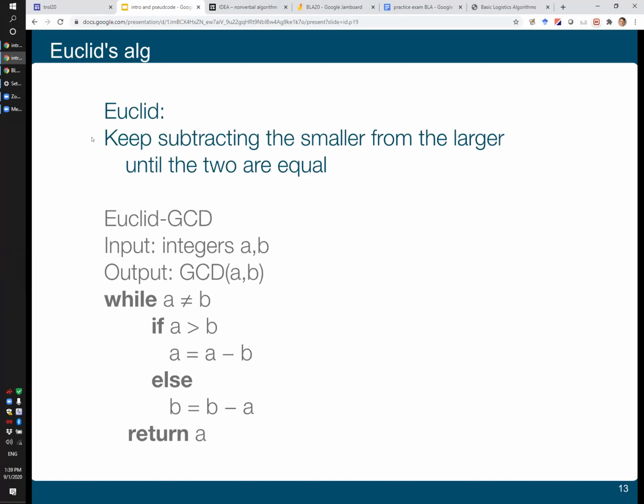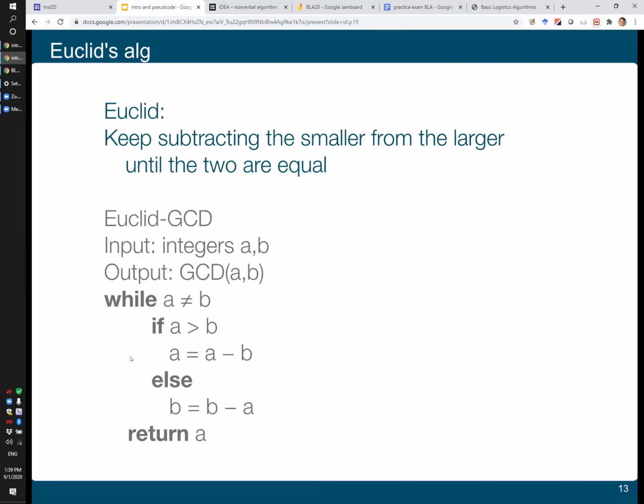Okay, so this description on top, which is more human readable or in plain English, may be easier for simple algorithms like Euclid's algorithm. But if you're going to do more complicated algorithms, and we will do more complicated algorithms than this in this course, well, then, if you hope that this is the most complicated algorithm you're going to see, sorry, that's the simplest one. For more complicated algorithms, writing the algorithm in terms of the pseudocode is more appropriate.